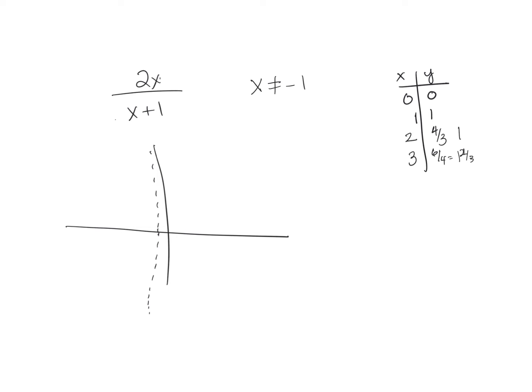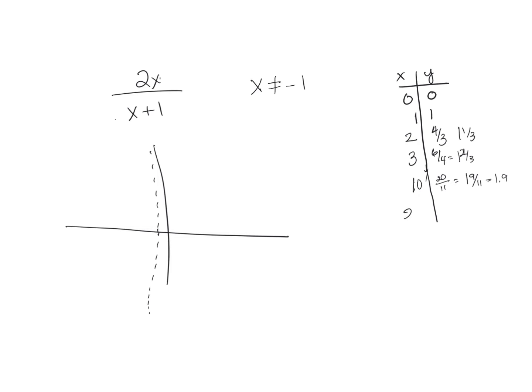You will notice that as I get larger and larger, like as I get up to 10, this would be 20 over 11, which goes in 1 time with 9 left over, so 9/11.